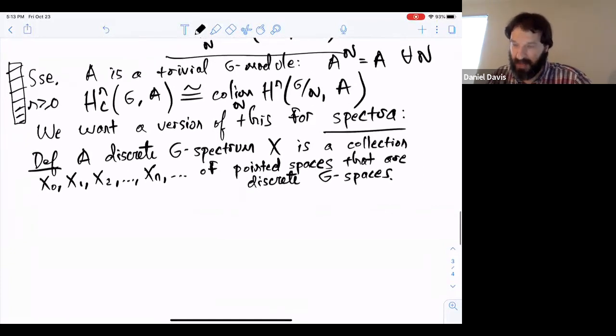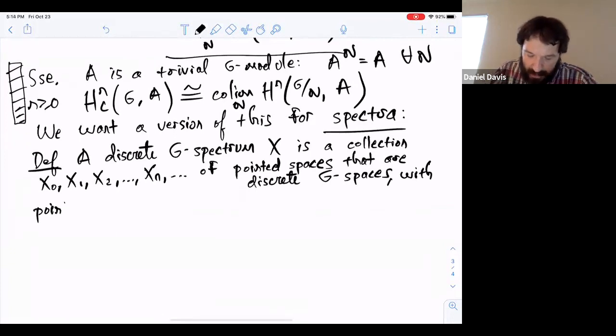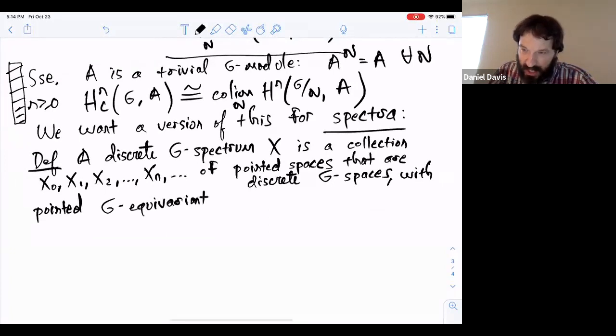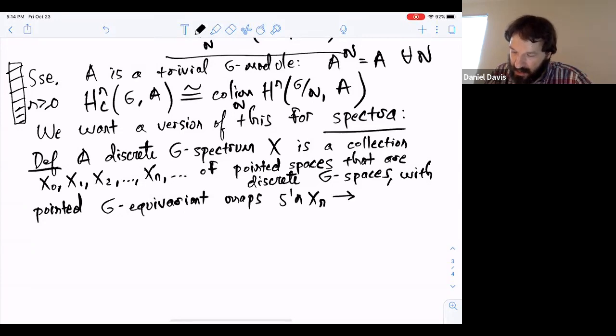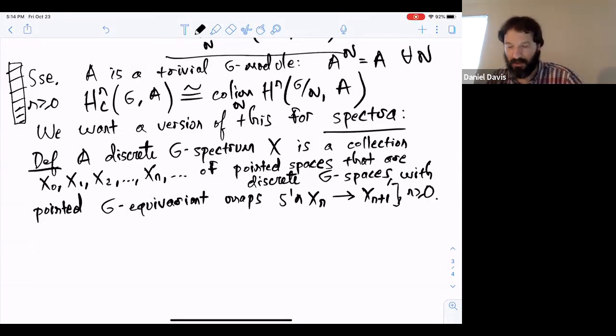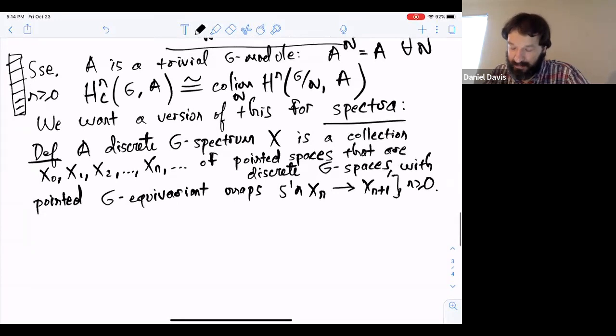I forgot something. I need to add the following. There are pointed G equivariant maps, S1 smash xn to xn plus 1, and here n is greater than or equal to 0.